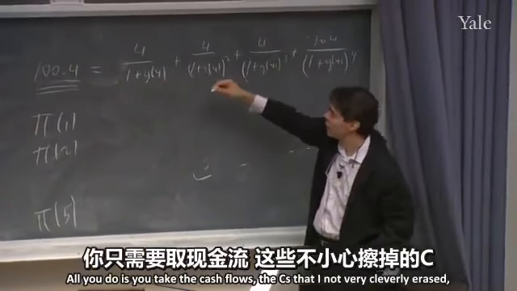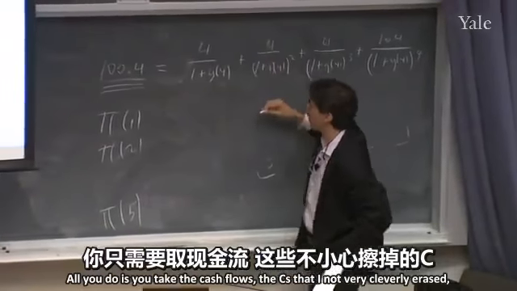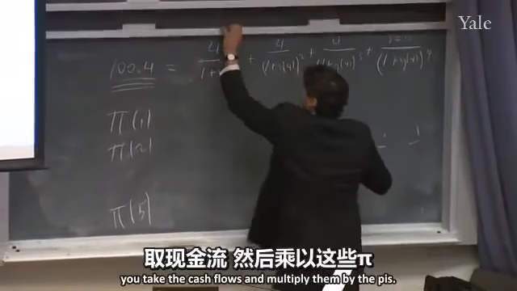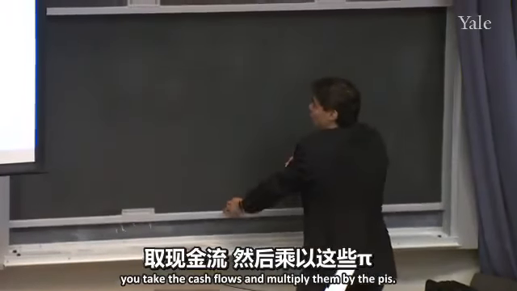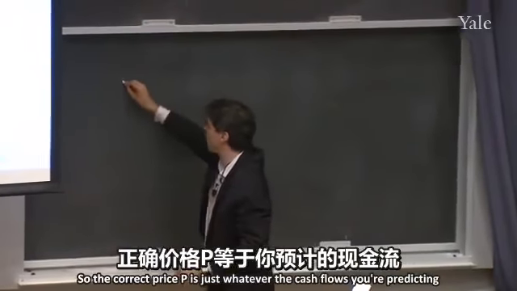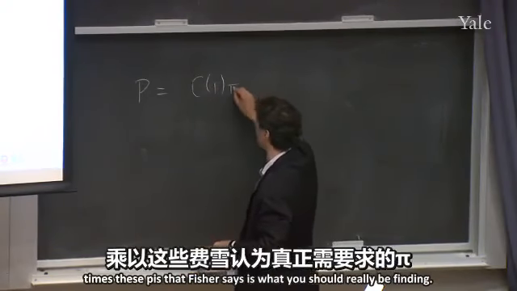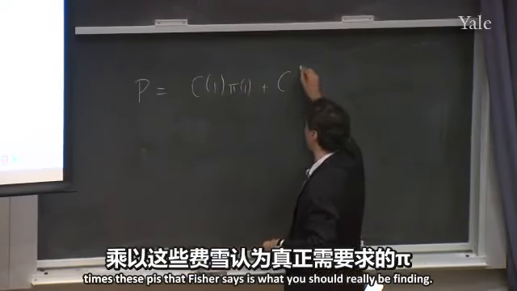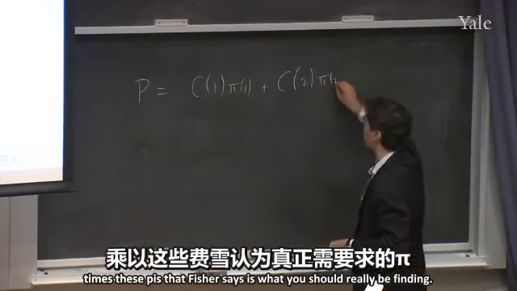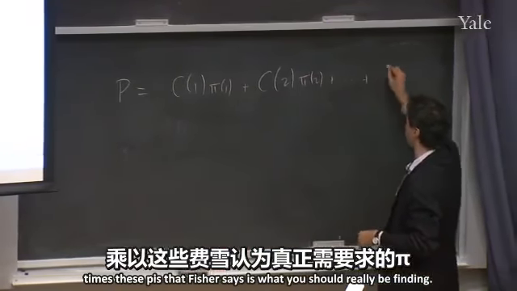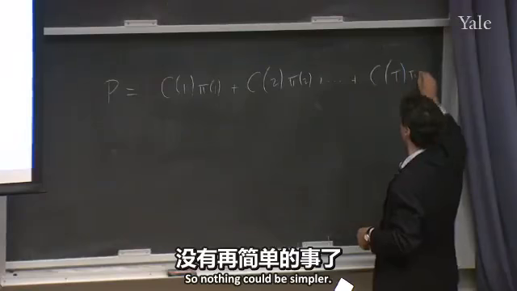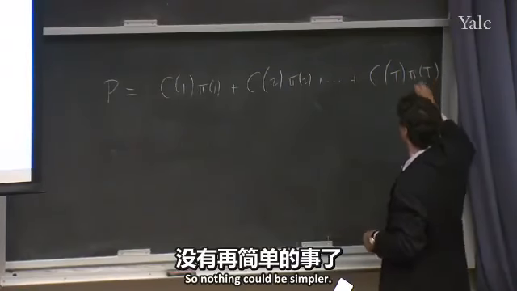All you do is take the cash flows, the C's that I not very cleverly erased, and multiply them by the pies. So the correct price, P, is just the cash flows you're predicting times these pies that Fisher says is what you should really be finding. Nothing could be simpler.